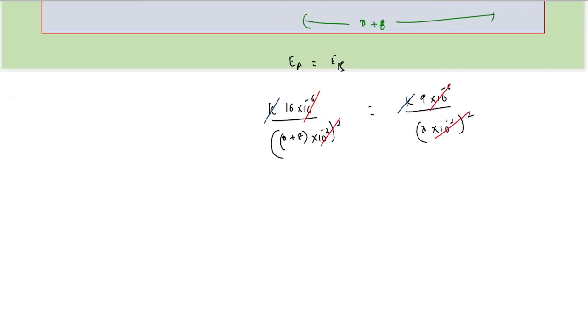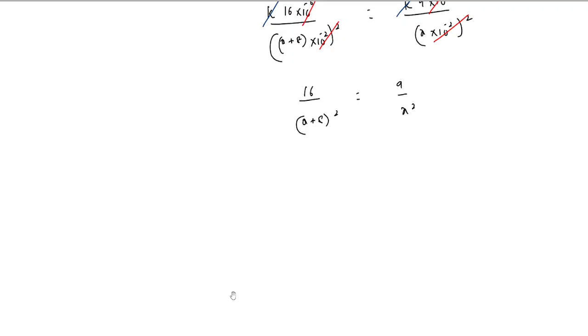So finally what remains would be 16 by (x plus 8) the whole square is equal to 9 by x square. If you cross multiply and solve this, then 16x square is equal to 9 into (x plus 8) the whole square.